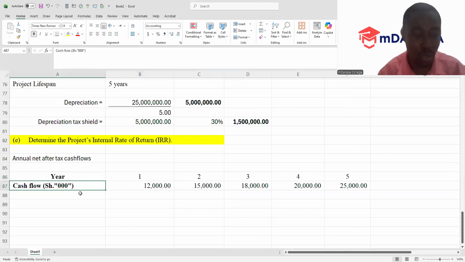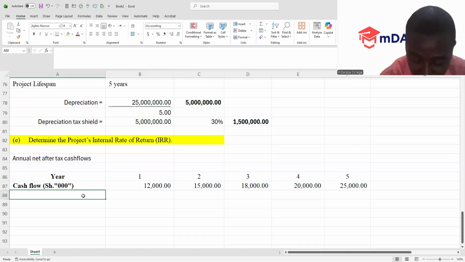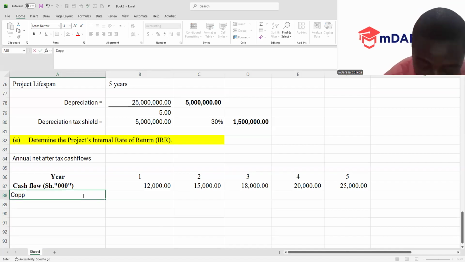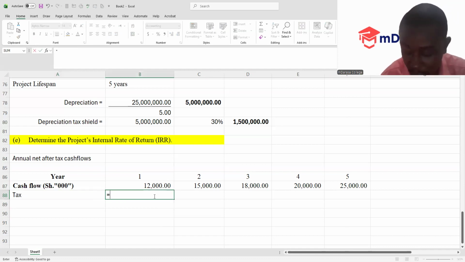Given that these are our cash flows, we need to determine our corporation tax rate, or just the tax component. Of course, the tax component would be 30% of the value given there.